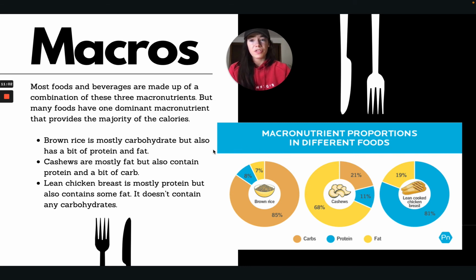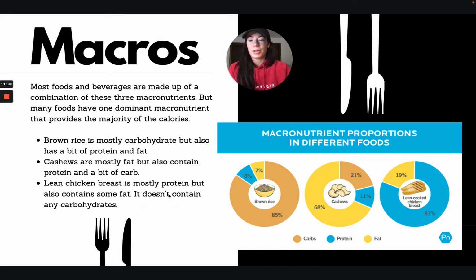So for example, brown rice is mostly carbs, so it's like 85% of the calories come from carbs, so we can consider brown rice to be a good source of carbohydrates. Cashews are mostly fat. They also contain some carb and some protein as well, but you can see here 68% of cashews are fat, so we consider cashews a good source of fat, right? So if we're trying to fill our fat macronutrient, cashews is a good option.